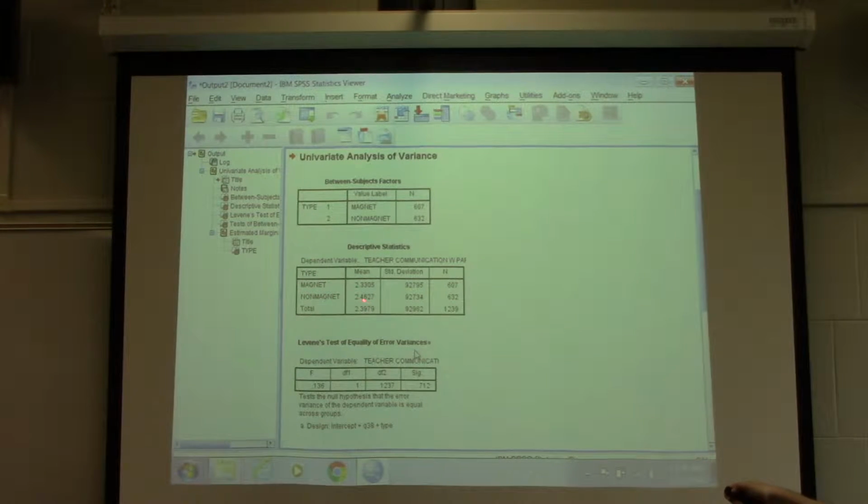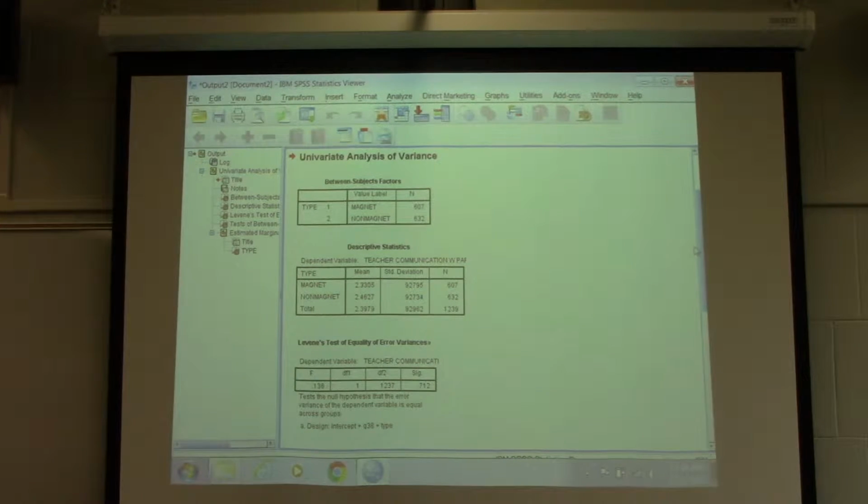In non-magnet schools, it's 2.46. It is critical to note, if I ran an independent sample t-test, these would be the means I would be comparing. However, I'm not comparing them without leveling the playing field for differences in parent income level between my two groups. So these are not the means that are actually being compared.